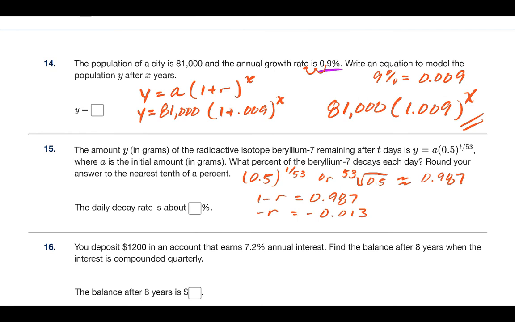And then I'll get r is equal to 0.013. That's my decimal. So now I need to make it a percent. So to make it a percent, I'm going to take my decimal and I'm going to move it to the right 2 places. And that will give me 1.3%. Okay? So our answer here will be 1.3.